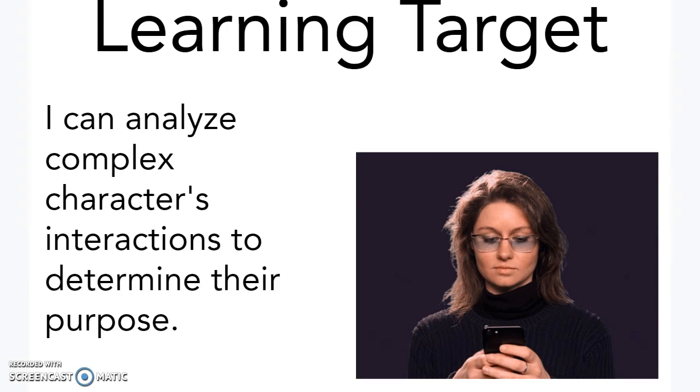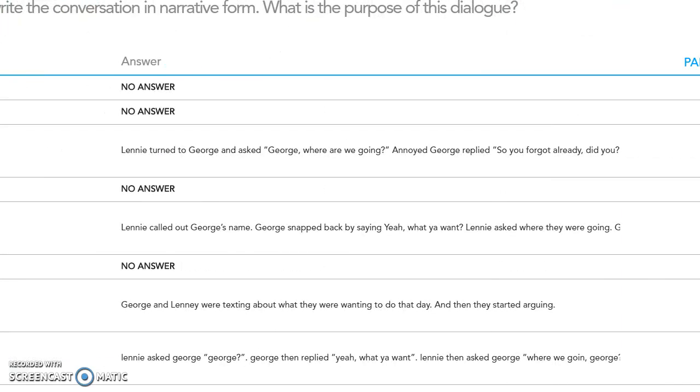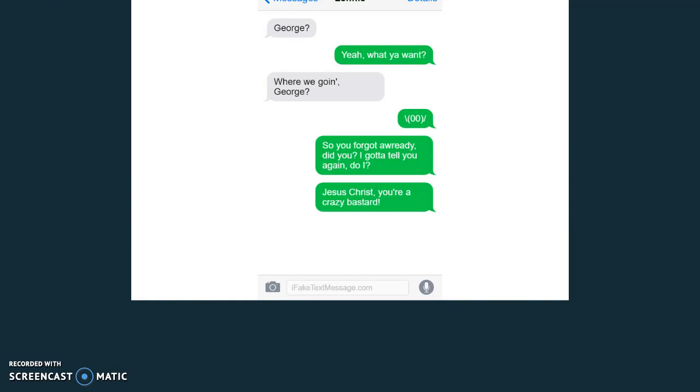Number 1, you could determine the purpose of the dialogue is to reveal something about the character. So, for example, in this dialogue between George and Lenny, what we discovered was that it revealed something about Lenny through the dialogue.